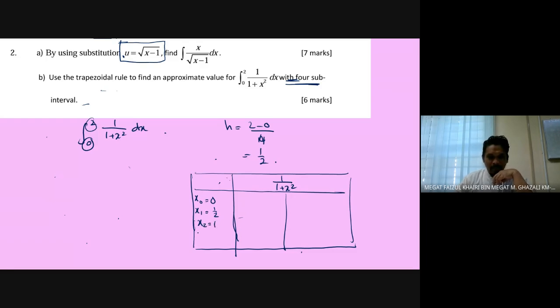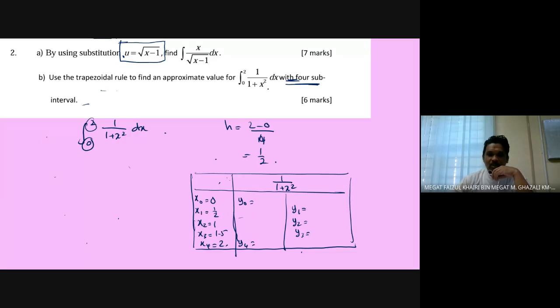Then x3, 1 plus half, 1.5 or 3 over 2, and x4 equal to 2. So then we got y0 and y4, then y1, y2, and y3.